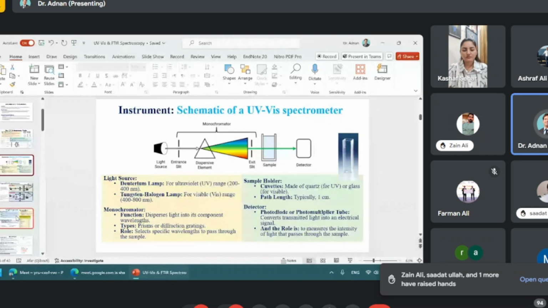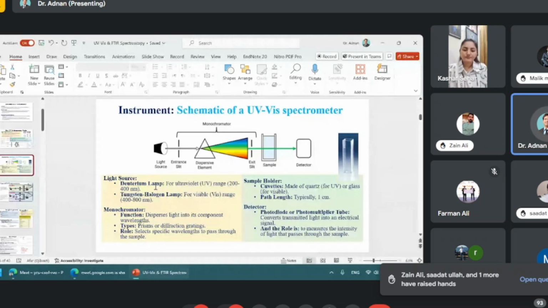I got your point. You are saying that a deuterium lamp has a range from 200 to 400 nanometer, while unsaturated compounds have lambda max around 150 nanometers. If you are analyzing with a double beam or single beam spectrophotometer using a deuterium lamp, you can analyze only from 200 to 400 nanometer.